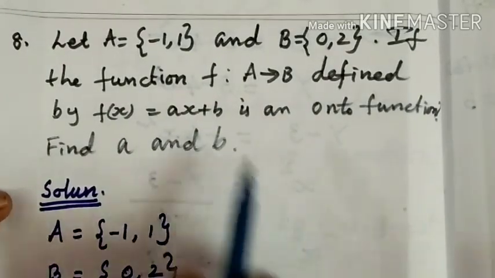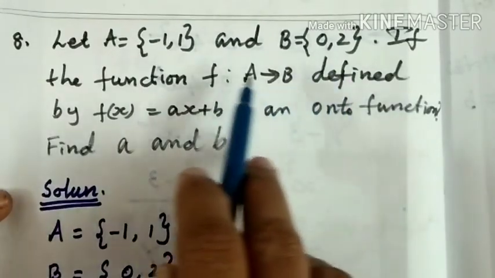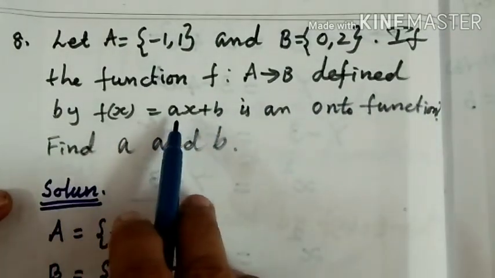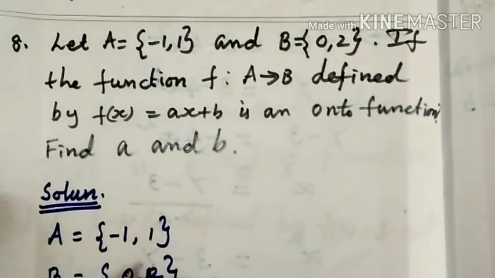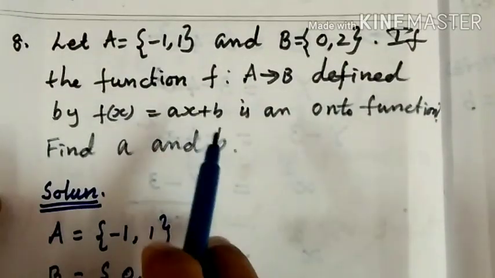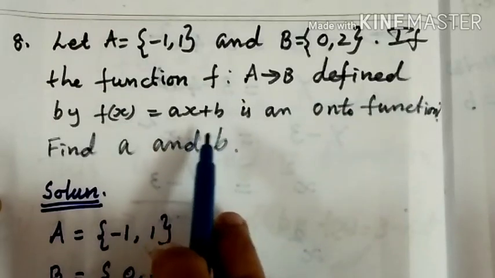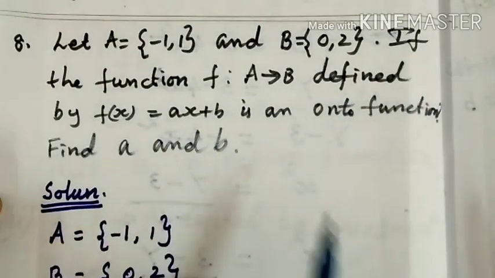In this question, set A elements and set B elements are given. Then the function from A to B is defined as f of x equal to ax plus b. First of all, we prove the given function f of x is an onto function. Then we have to find the values of a and b.